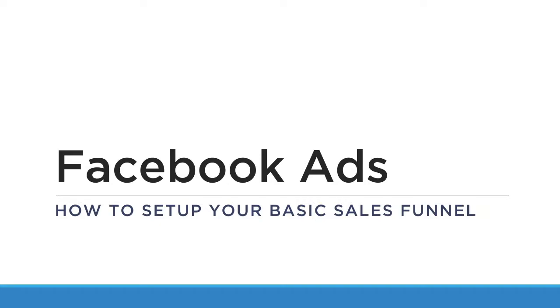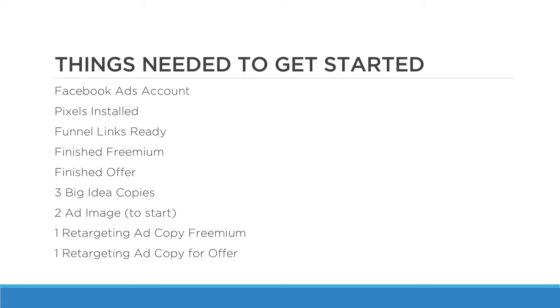jump right in. Okay, so the things you are going to need to get started is your Facebook ad account. You're going to need your pixels installed on your entire funnel. You're going to need your funnel links ready. You're going to need your freemium offer finished, of course, and your offer. Last video we covered copywriting a little bit and how to structure a Facebook ad campaign as far as testing.